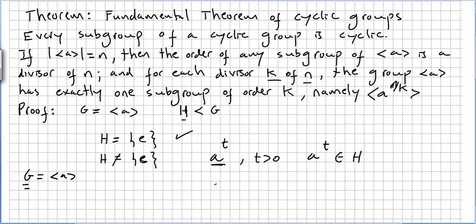What about if a to the power of t is in H but t is negative? Then a to the power of minus t should be in H also, and so minus t should be positive.